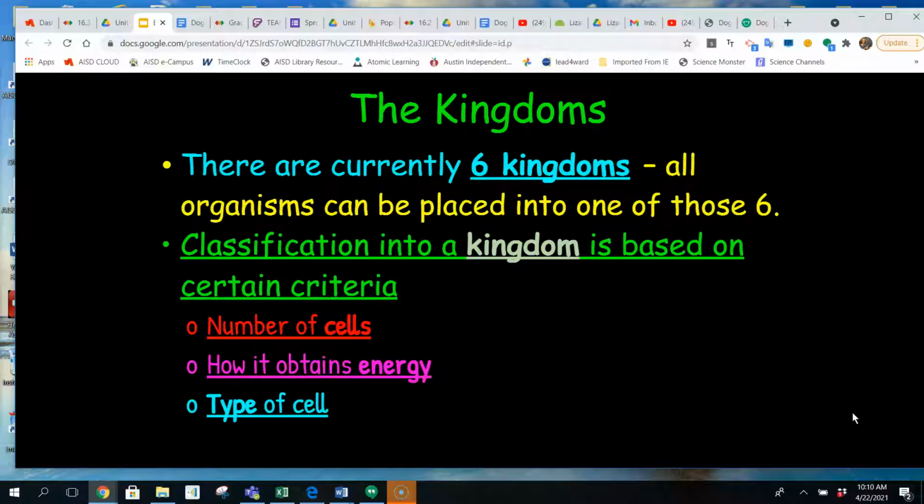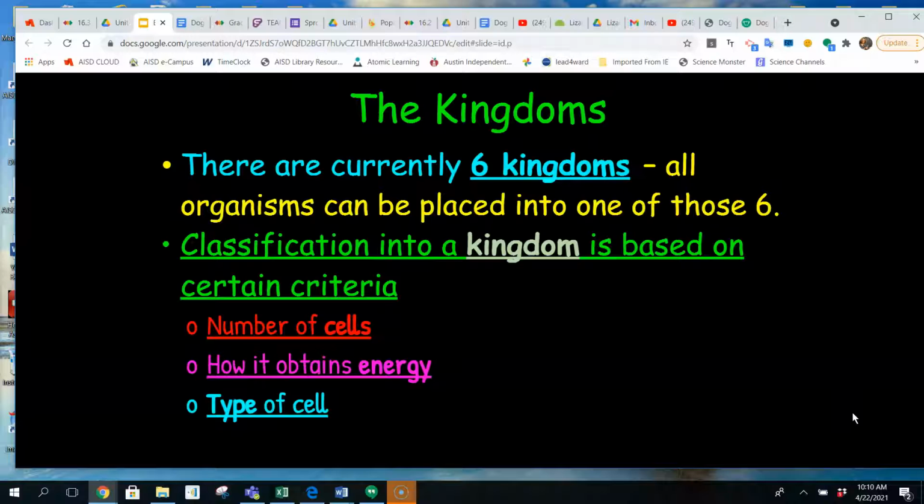Alright, so now we're going to be talking about the kingdoms. There are currently 6 kingdoms, and all of the organisms on Earth can be categorized into these 6 kingdoms. They're based on certain criteria to be in each group. So it's the number of cells, meaning is it unicellular or multicellular?